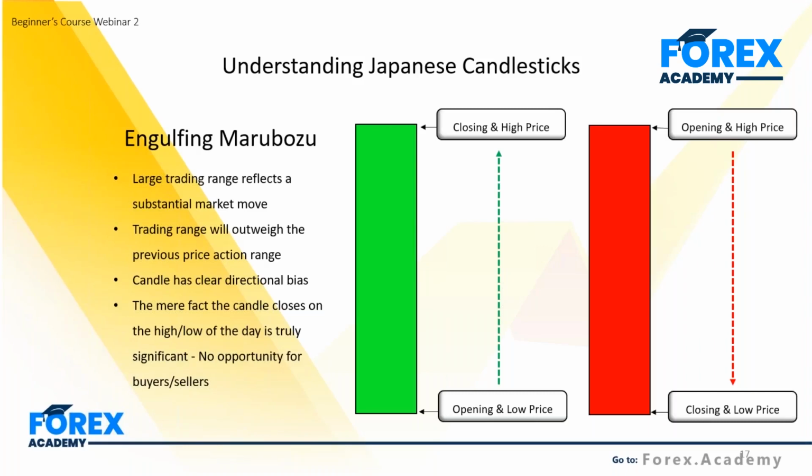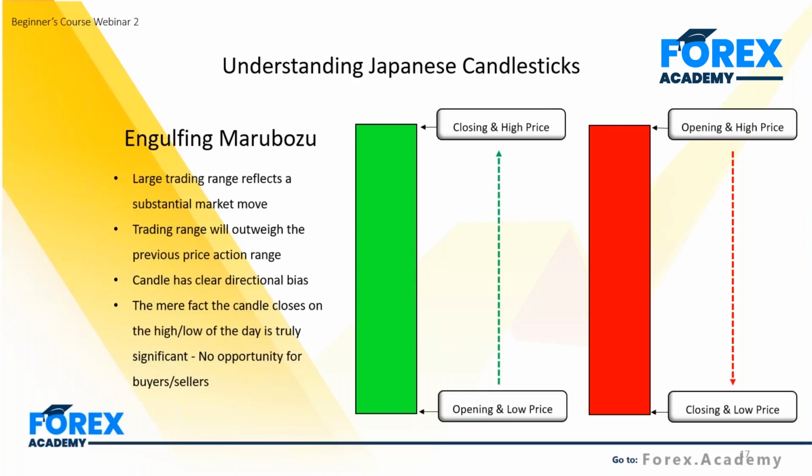What does it present to us as a signal? Well, we see a large trading range reflecting a substantial market move. We see the trading range will outweigh the previous price action range. So if we have 3 to 4 candles before this, they might be rather small in terms of the range of this candlestick or the size. The candle has clear directional bias. Now, does that make sense?